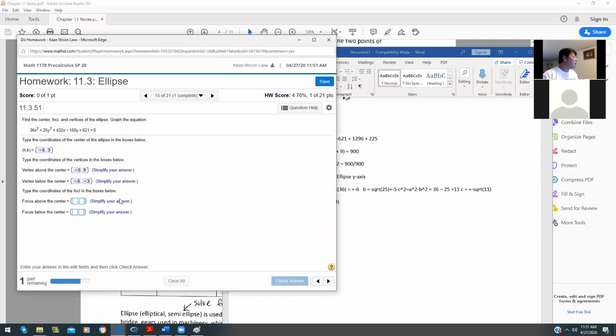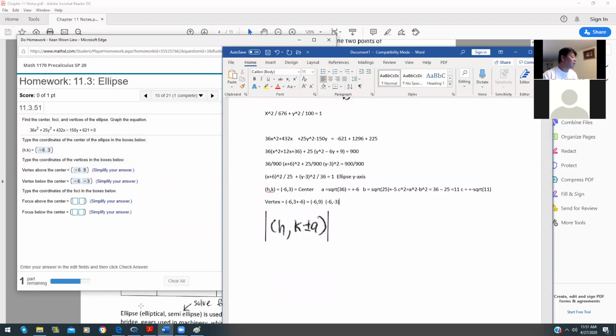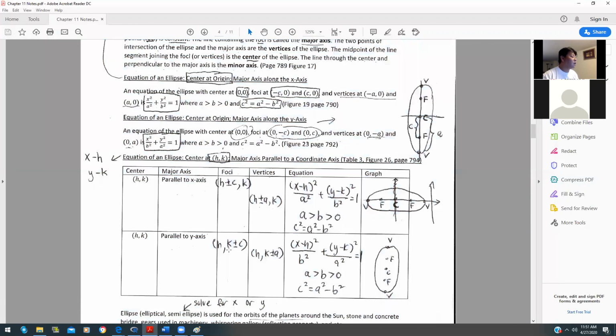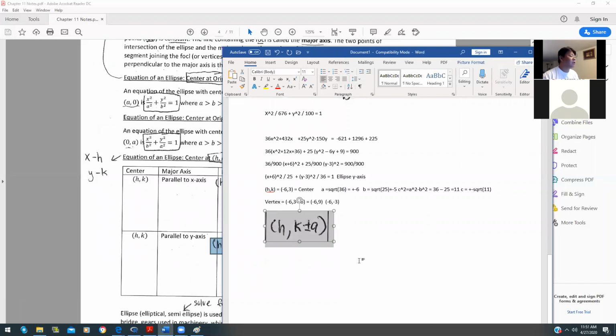And then foci. In order for us to find the foci, this is the formula. It's exactly the same as this formula, but we use C instead of A. So the foci will be -6, 3 plus minus square root of 11. Again, you cannot add or subtract square root of 11 with 3, so this is your answer for your foci.